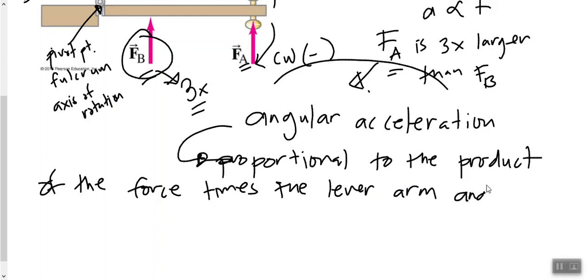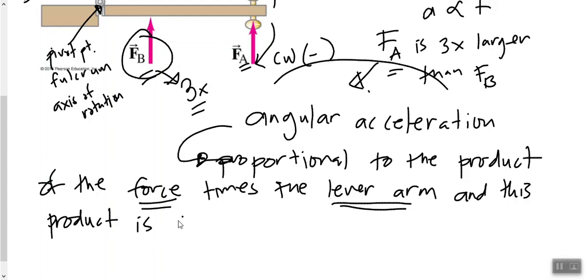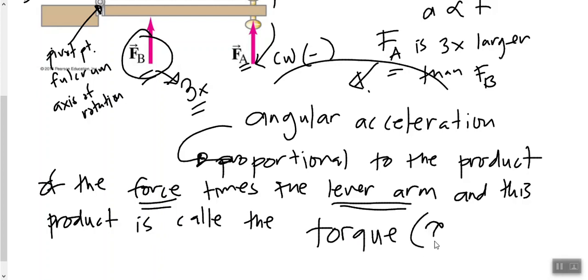And this product of force and lever arm is called the torque, which has the symbol tau in the Greek alphabet.